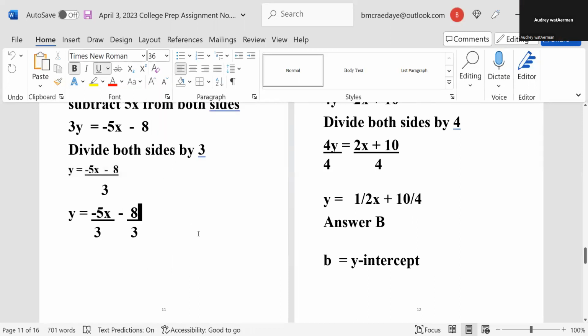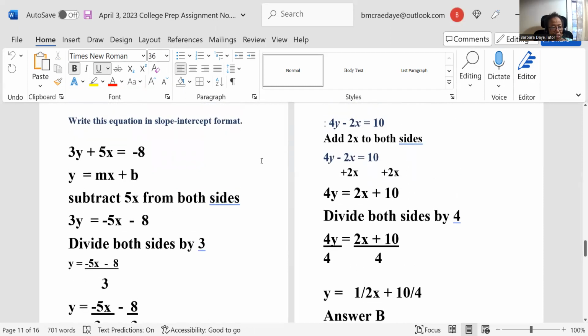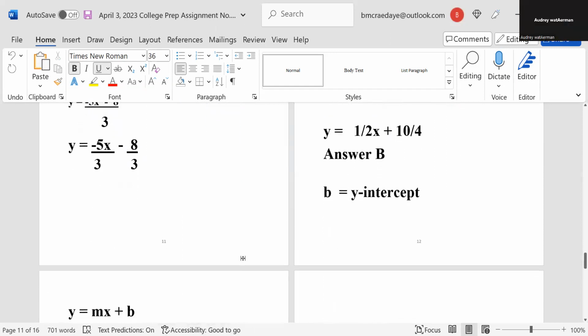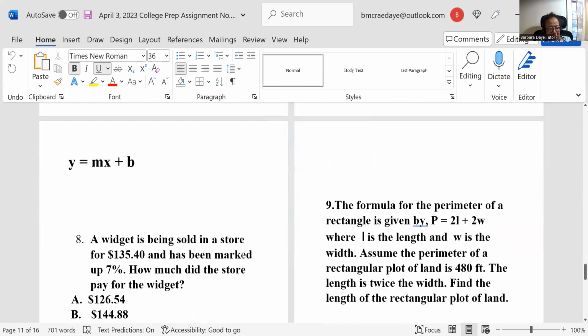So this is, like I say, a very common kind of problem where you're given an equation, but it's not in the slope intercept format, but you want to get it in the slope intercept format, which is y equal mx plus b. Everybody clear on that? Yes. Okay, let's go to number 8.